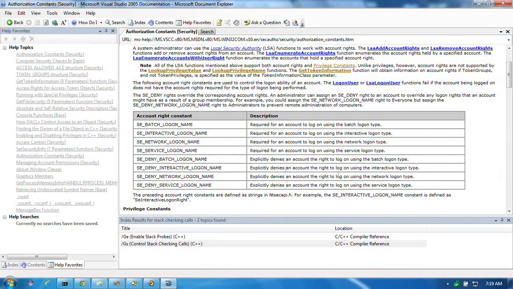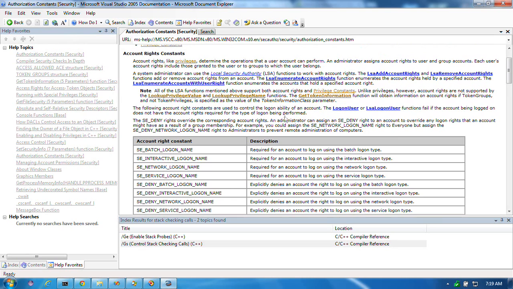Now, forgetting about what the meaning of these categories are, we can see that rights are things that are not privileges, but determinable by group association with one of these accounts.